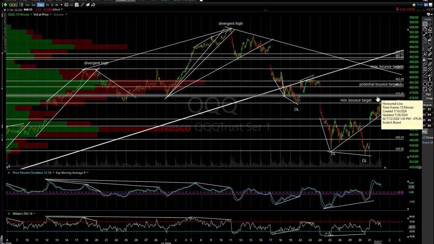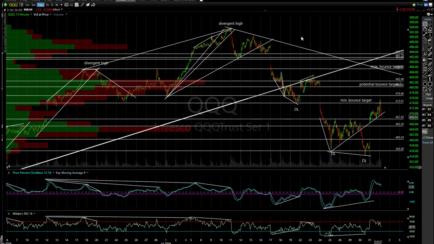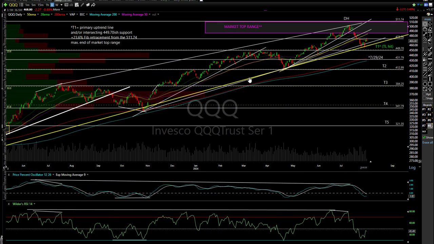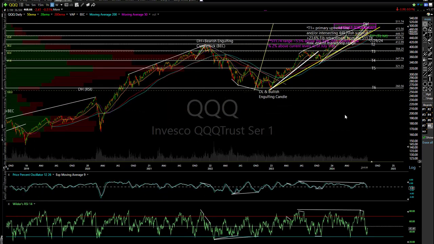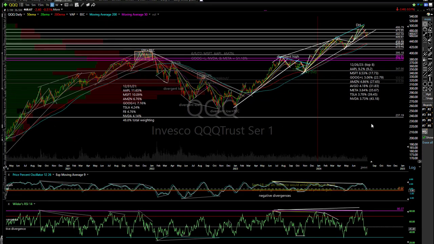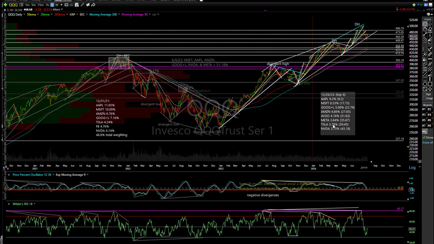Every dollar that goes into QQQ. Where's my list? I used to have it listed on here somewhere. I haven't updated it in a while, guys. It changes over time. You can see Apple used to be 12% back at the end of 2021. At the end of 2023, it was 9%, and it's still really high.